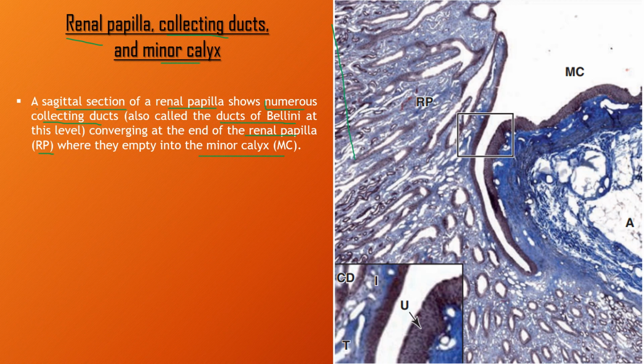This is the renal papilla, this is the minor calyx, and this is the collecting duct.